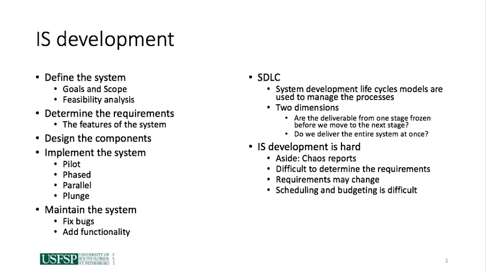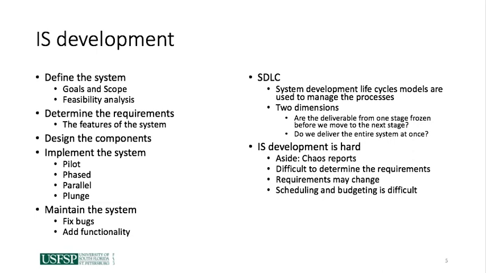Finally, it's a well-known fact that information systems development is difficult. As an aside, the Standish Group publishes its so-called Chaos Report every year, in which it looks at the fate of a large number of IS implementation projects and determines what reasons are most likely to be behind the failure of IS implementation projects.